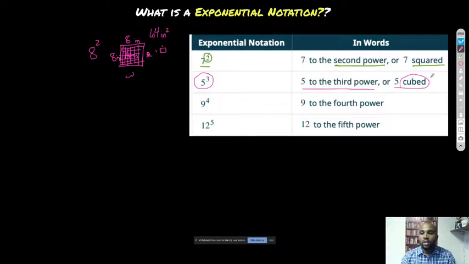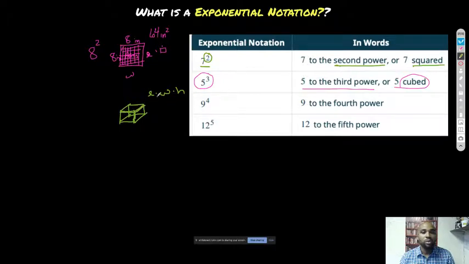Now, why do we call it cube? Well, you know what a cube looks like, right? A cube doesn't have 2 dimensions, it has 3 dimensions. And we measure volume with cubes, with a formula of length times width times height, because it has 3 different dimensions: the length, the width, and the height.